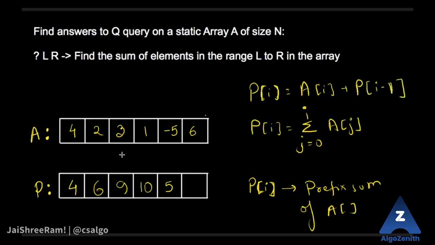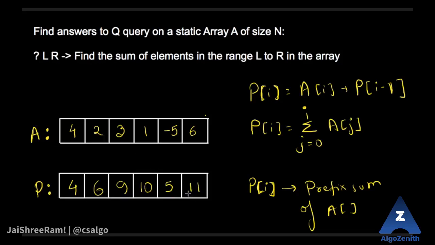Because P of I minus 1 holds the sum of all the elements till I minus 1, and if you add A of I, that's just P of I, because that's what P of I defines. You just add one more element, and this extends to P of I plus 1. So to find this element, you can just add this and this, and get the value 11, so you don't need to iterate on the whole array. In this way you can create the prefix array.